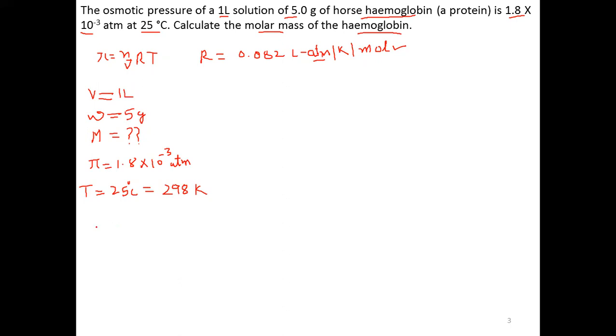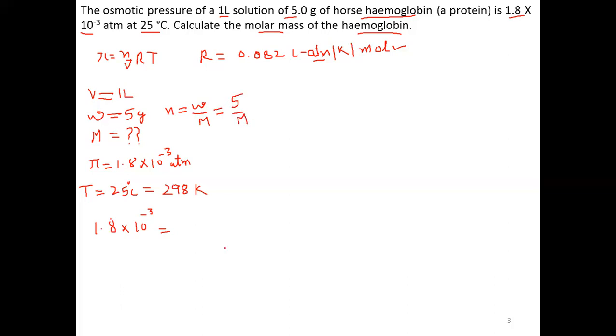Pi is equal to 1.8 into 10 raised to the power minus 3, that is equal to n by V times RT. N is the number of moles, given weight divided by molecular weight. So given weight is 5. Molecular weight we have to calculate.